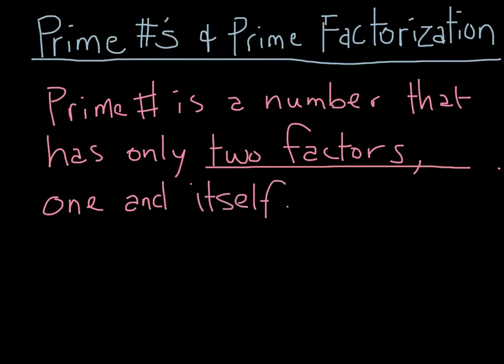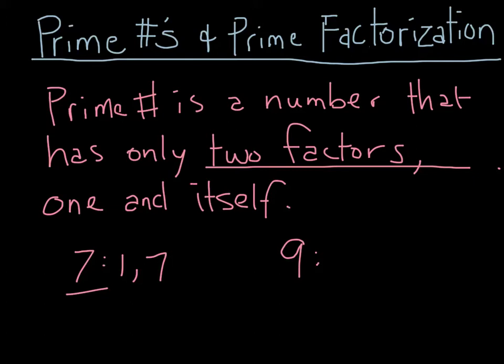For instance, 7 is a prime number because the only factors of 7 are 1 and 7. So therefore 7 is a prime number. Let me ask you to decide if 9 is a prime number. 9. Prime number, yes or no? Pause the video and think about that, and unpause and see if you're correct.